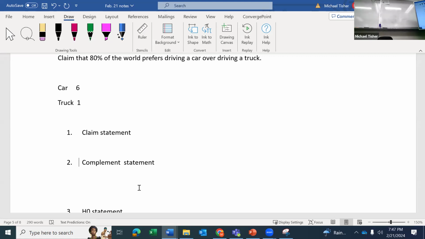The claim. Percent, right? So is it less than 80%, or more than 80%, or equal to 80%? Are we trying to claim less than 80% or more than 80% or equal to 80%? Equal, yes. So I want that symbol, equals, with the decimal.